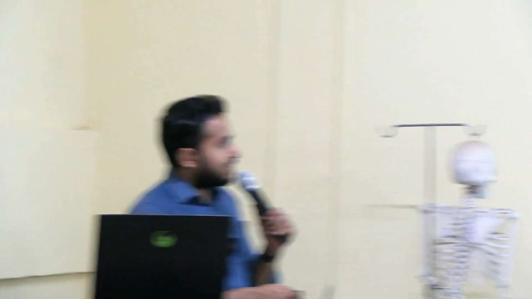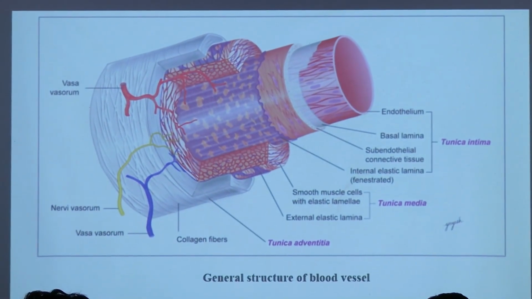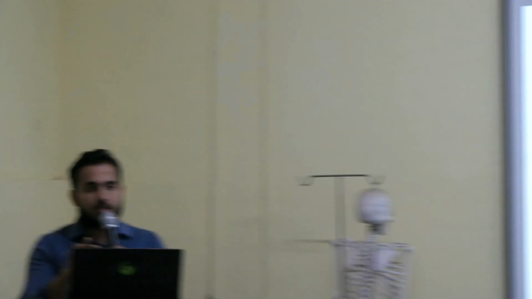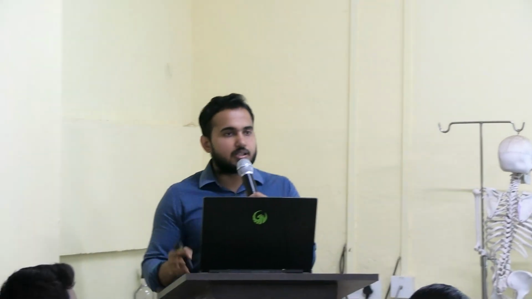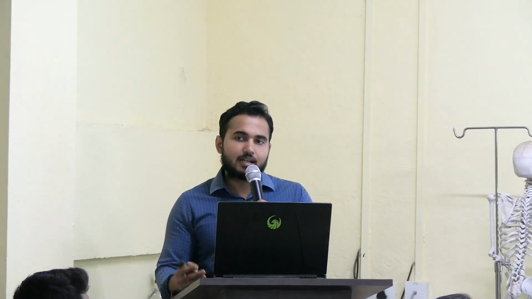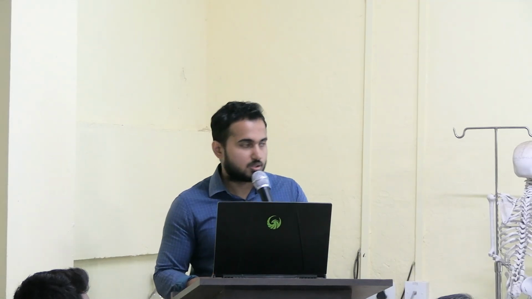Similarly, if a blood vessel is there, then nerve supply is also required. That's why it is called Nervi Vasorum. This Nervi Vasorum is mainly postganglionic fibers of the sympathetic nervous system, and they are doing the vasoconstriction. So that is the Nervi Vasorum.